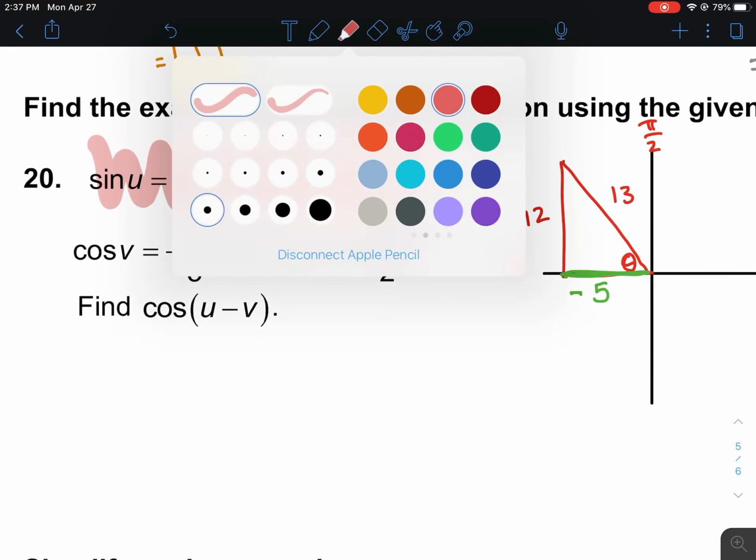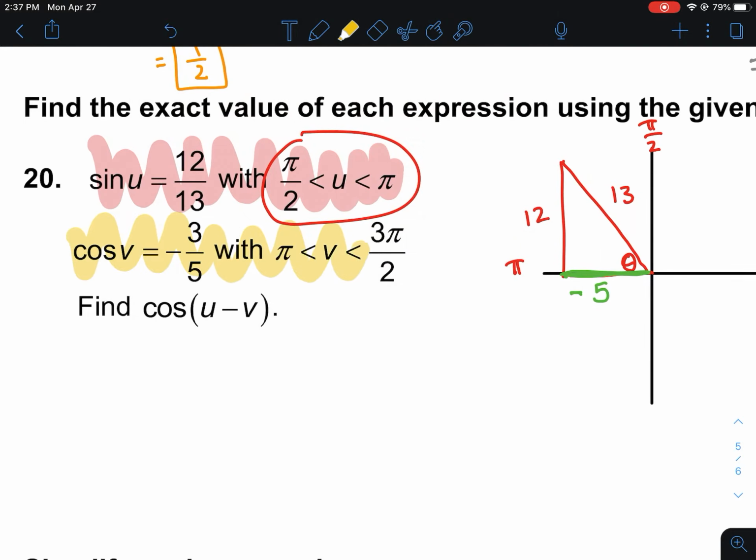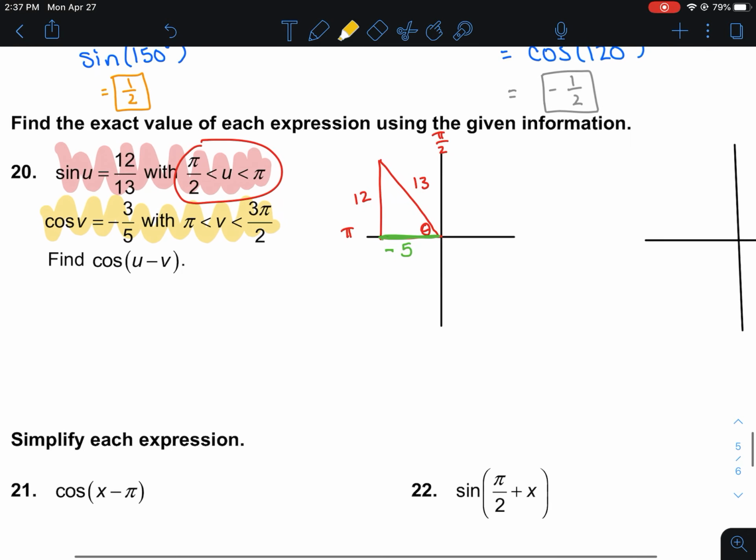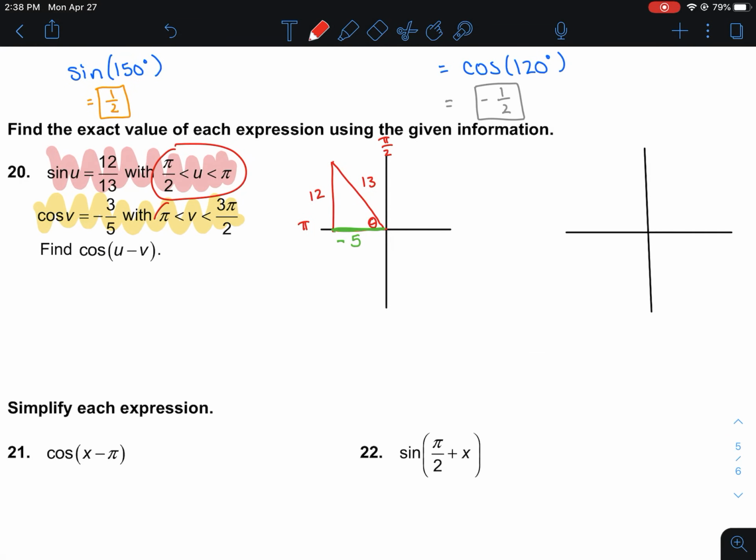All right, for my second picture, I'm going to look at v, the cosine of v. And it also tells me it wants this in quadrant 3.